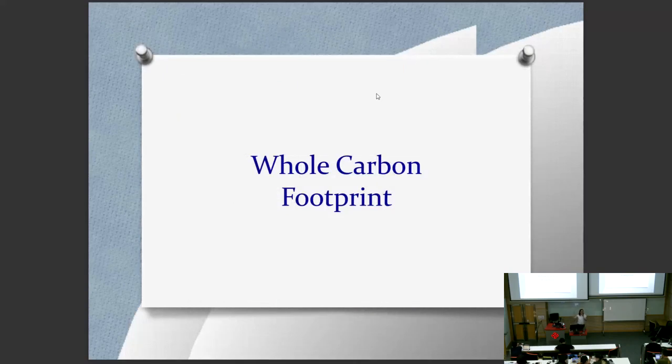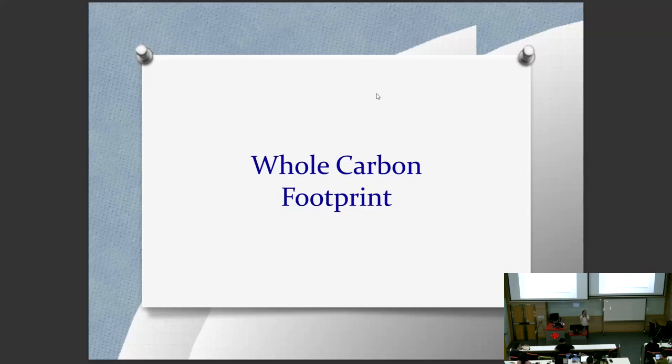Okay, so we have the embodied carbon, the operating carbon, and now finally we convert the transport carbon into the same unit, kg of carbon dioxide per square meter. So now we can add these three components together to calculate the whole carbon footprint.